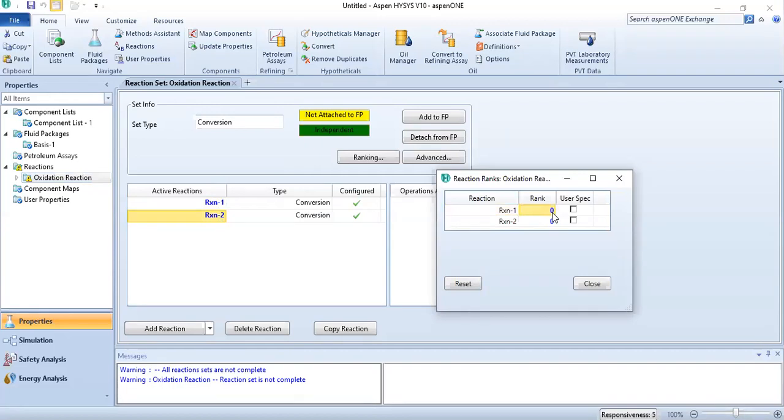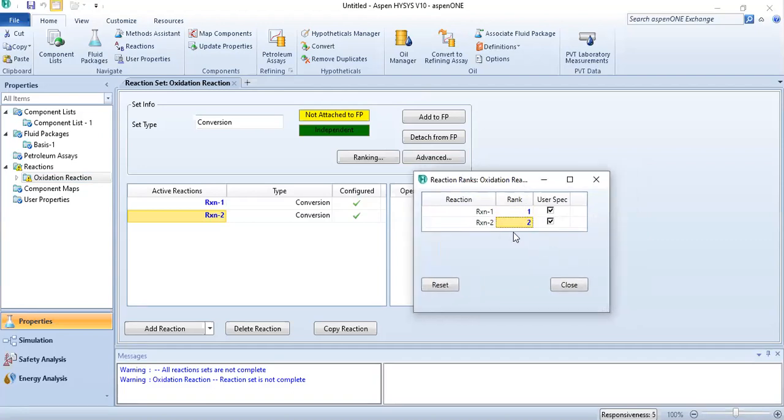Let's say reaction 1 is rank 1 and reaction 2 is rank 2. The raw material, methane, will react with oxygen and form CO2 in the first reaction, and in the second reaction it will form CO and hydrogen.